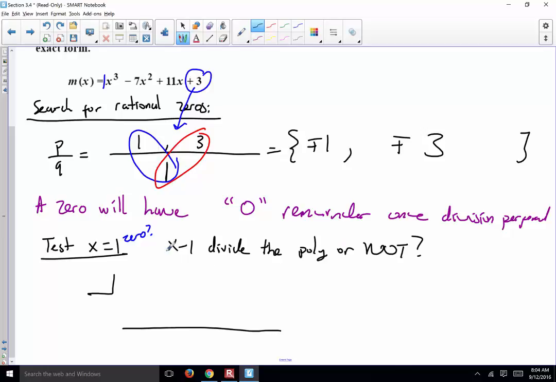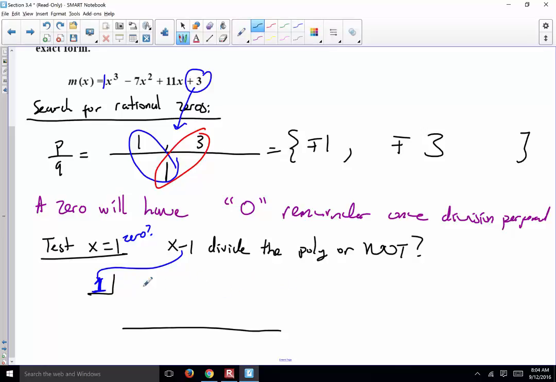Okay? So in other words, you're testing whether x minus 1 is a factor or not, and if it's x minus 1, we take the opposite of it, which is this original number. So when you're testing a 0, you don't flip the sign, you just take that number as it is. Okay, what do I put in the dividend?